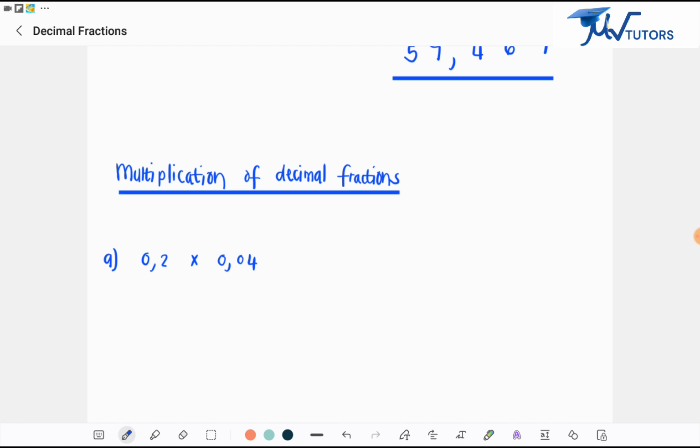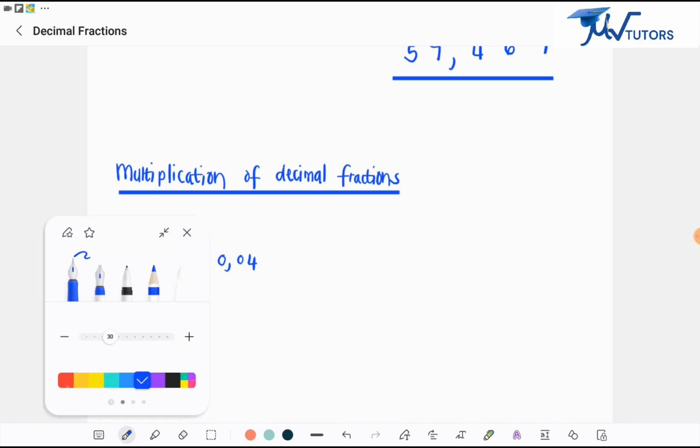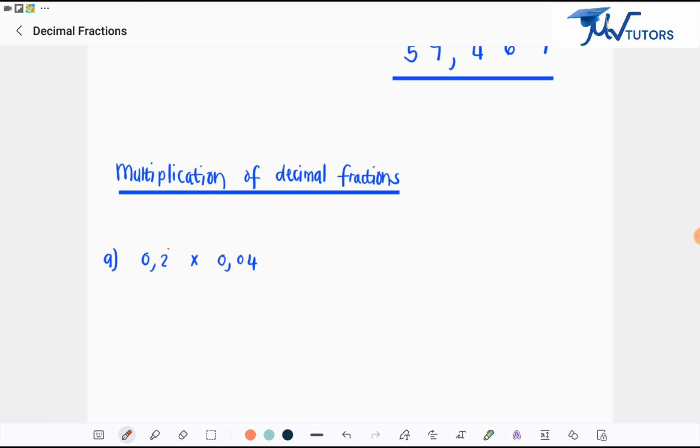So what I do when I have 0,2 and I multiply it by 0,04, I will take the actual number. I'm not going to consider the zeros for now. So I'm going to consider the 2 and the 4. All right, I'm going to multiply the 2 and the 4, and then I get 8. So that's the first step.